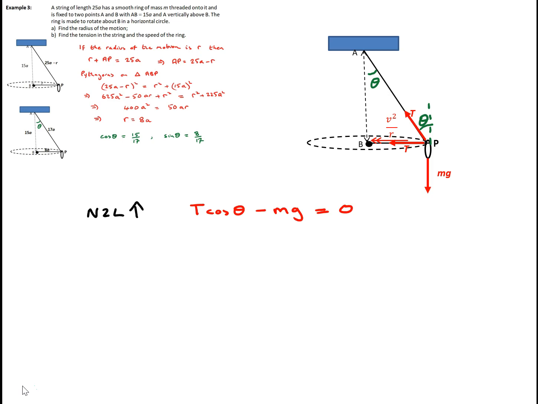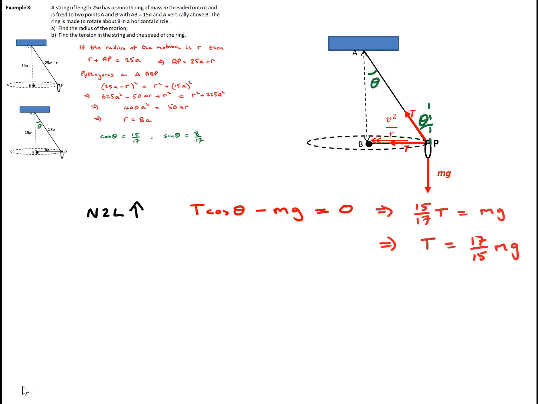So the resultant vertical force is T cos theta minus mg, and that equals the mass times the acceleration vertically, but the acceleration is horizontal only, which means there's no acceleration vertically, so our Newton's second law equation vertically is T cos theta minus mg equals 0. So that's 15/17 T minus mg equals 0, 15/17 T equals mg, so T is 17/15 of mg.